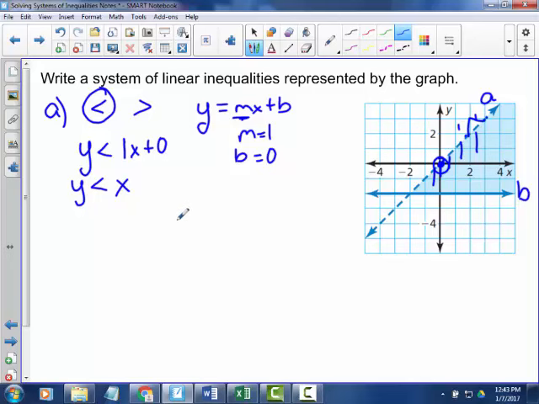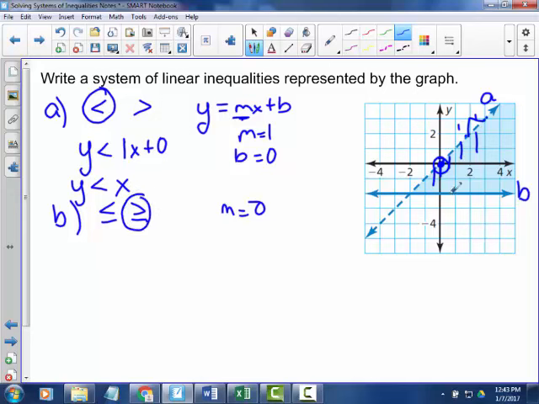Okay. Now the other equation, or other line, is horizontal, so I know that means m is 0. And it's solid, so I know I should use one of these two inequality symbols. And I'm shading above that line, so that means it's going to be greater than or equal to.